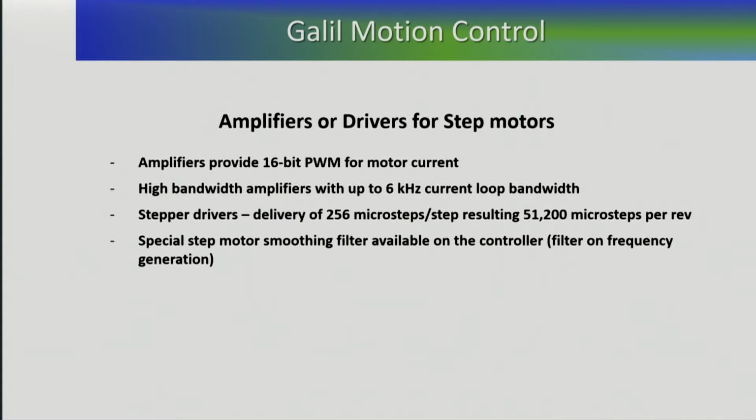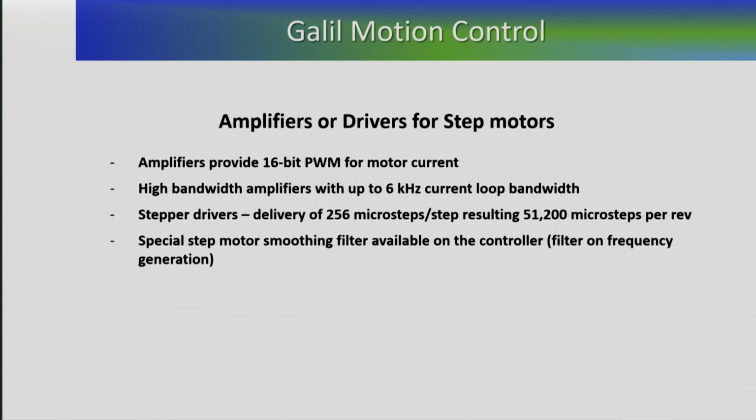If you're using not servos but steppers, then take a look at stepper motors and trying to run the stepper motors. There are options where you can go in and say, I would like to have 256 microsteps per step, giving a very high resolution of your microstepping, and you're able to reach over 50,000 microsteps per rotation and ultimately control the level of torque ripple that you may have in the system.